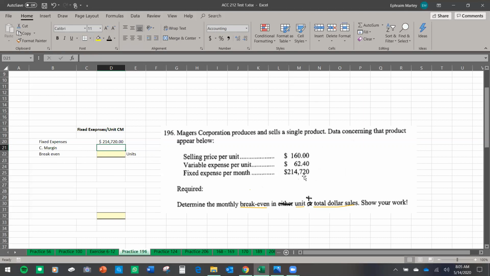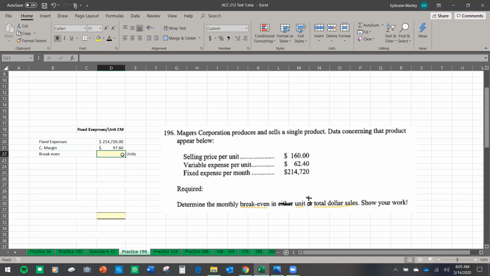What is our unit CM? Here we have our selling price is 160 and our variable is 62.40. So that means our unit CM will be the difference. We take 160 minus 62.40, so our unit CM is 97.60, because variable expenses plus contribution margin will give you the total selling price per unit.